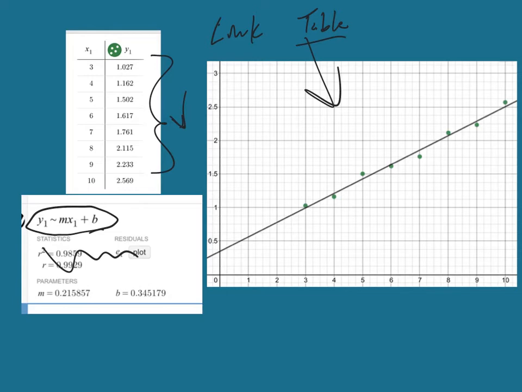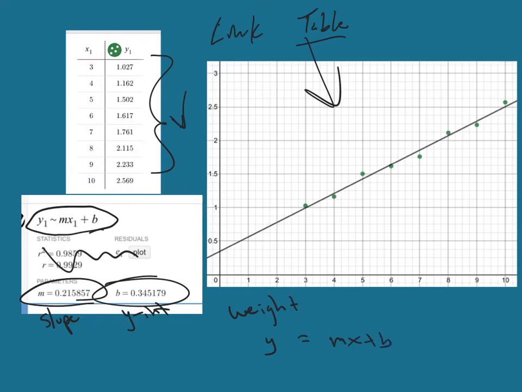But anyway, here's the main piece we wanted to grab. M always has been our slope, and B always has been our y-intercept. So it looks like weight, because that was our y value, y is equal to mx plus b. Weight is equal to, my slope is 0.2158, so let's just call that 0.216, because the 8's bigger than a 5, so we're going to round that up.